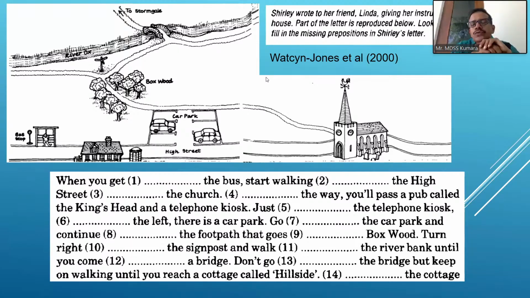Shirley wrote to her friend Linda, giving her instructions how to reach her house. Part of the letter is reproduced below. Look at the following map and fill in the missing prepositions in Shirley's letter. So a map is also there.